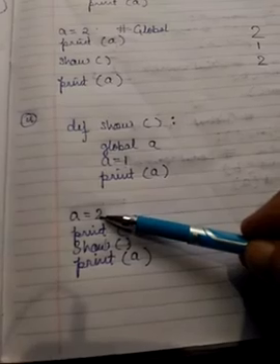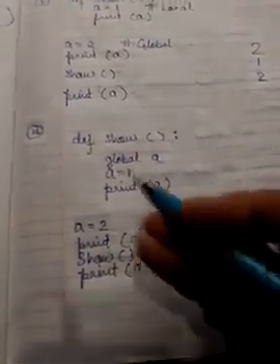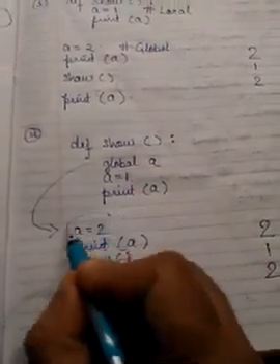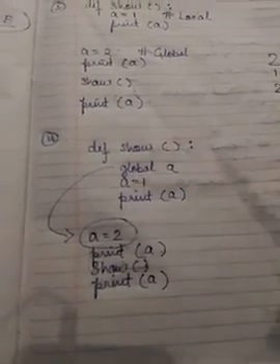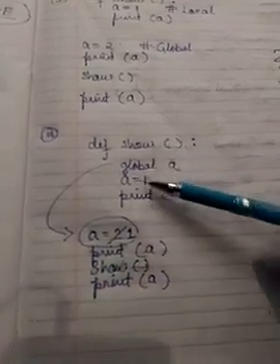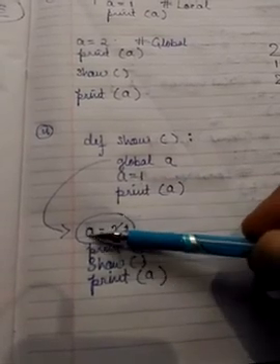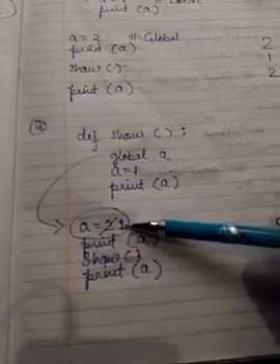So what happened here? Print a, once it is 2, print a 2, show, here global a. Now this variable is this one, global a equal to 1. Now here the interpreter will change the value of this variable, because as I have assigned a equal to 1, it will not create a new variable, rather it will replace the value of the global variable which is declared in the main program.